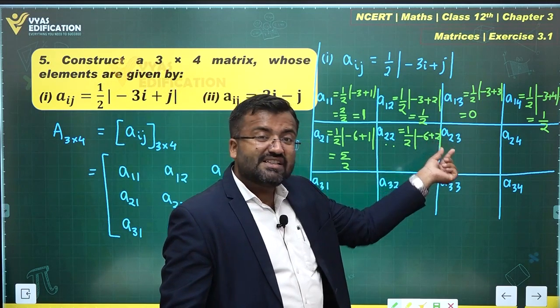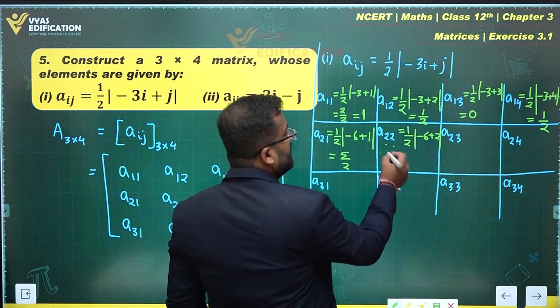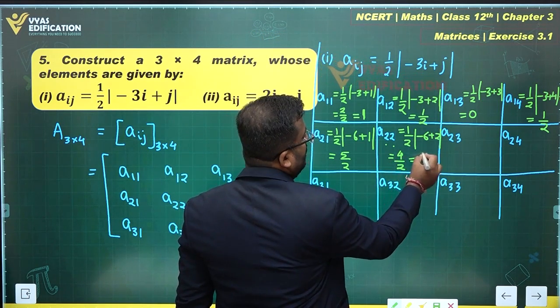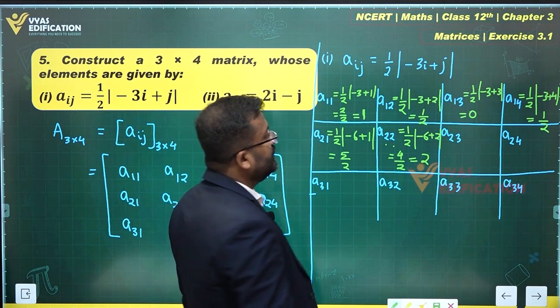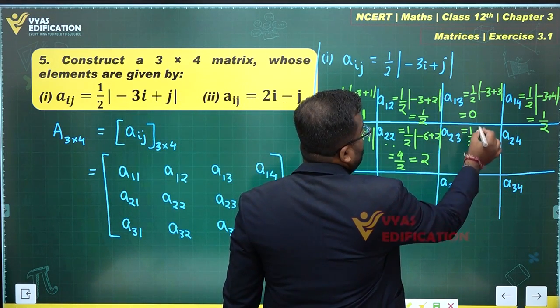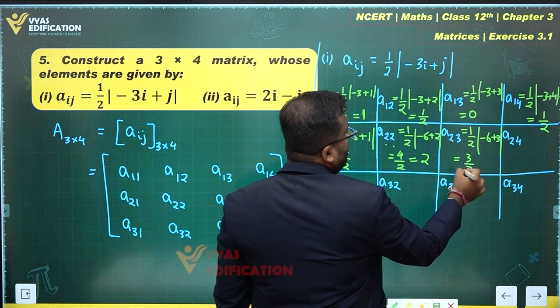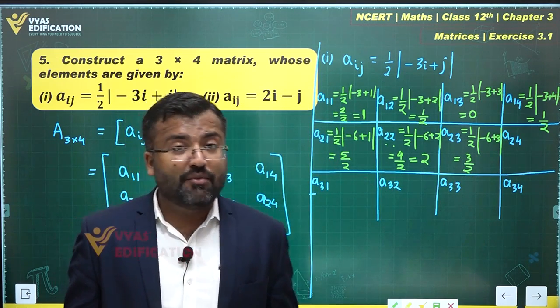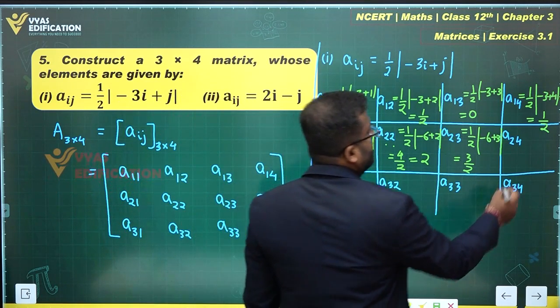Minus 3 times 2 is minus 6 plus 2. This is minus 4, the modulus is 4. This becomes 4 by 2, which is equal to 2, simply 2. Right? Next one, A23. A23 is half minus 6 plus 3, which is again 3 by 2, as you can observe. In the modulus, you have minus 6 plus 3, which is minus 3. The value of modulus would be 3.